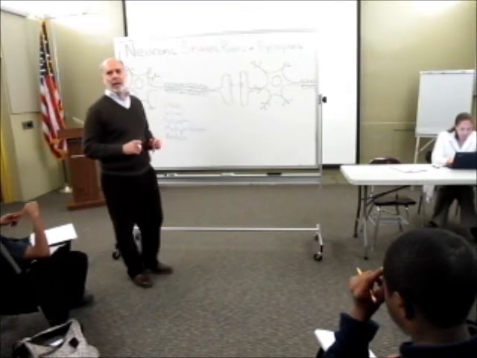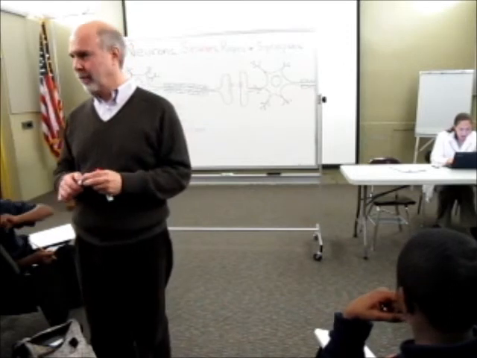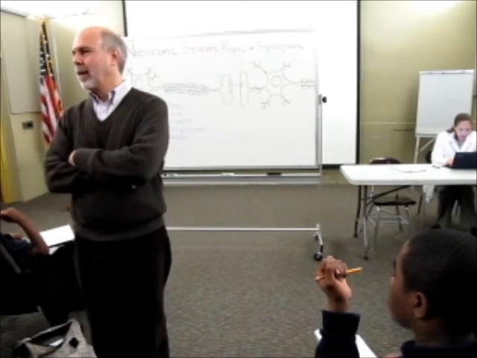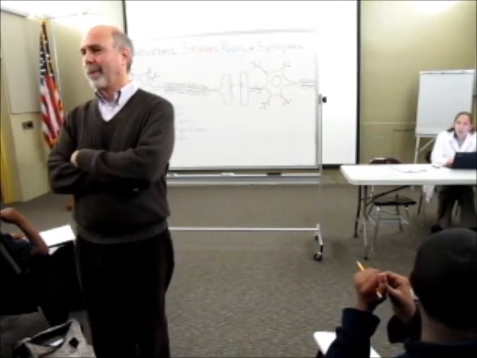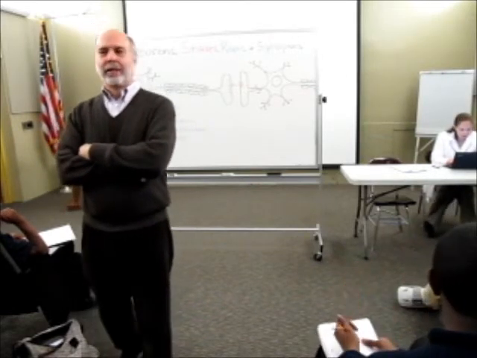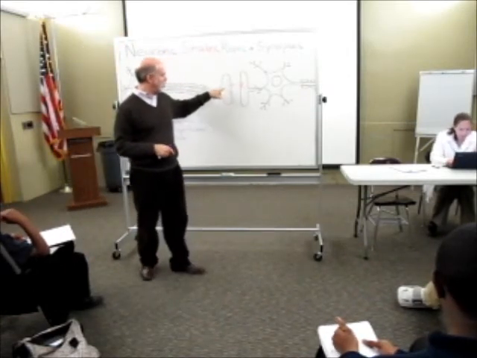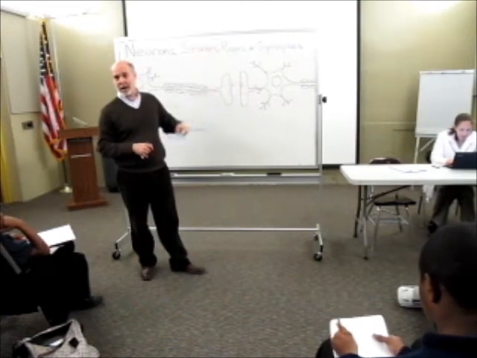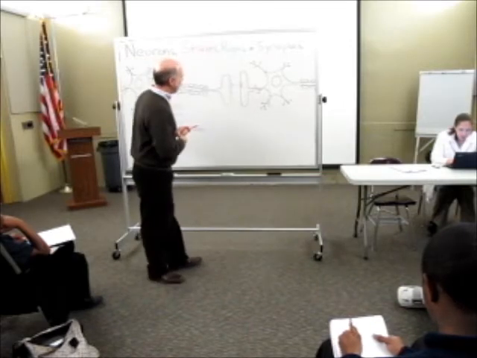Okay? Now, do you want to know what messes up synapses big time? Big time. Cocaine. Cocaine. Cocaine disrupts the process of neurotransmitter function at the synapse, particularly a transmitter called dopamine.